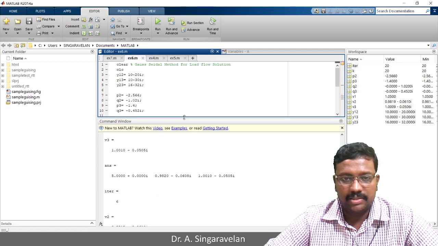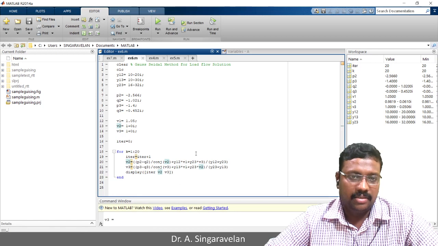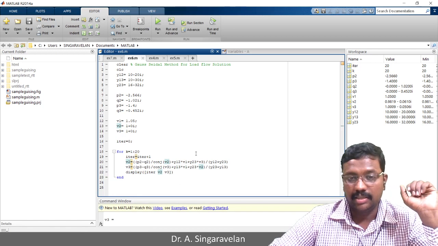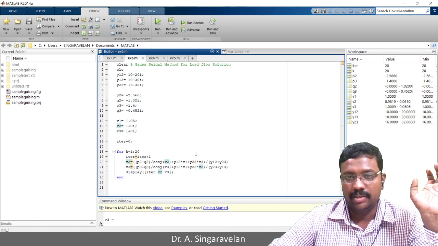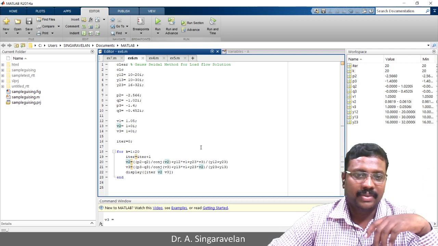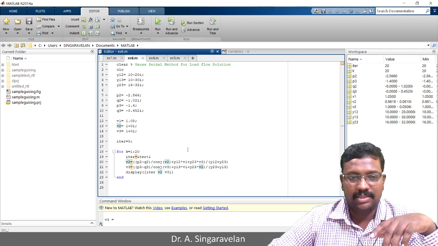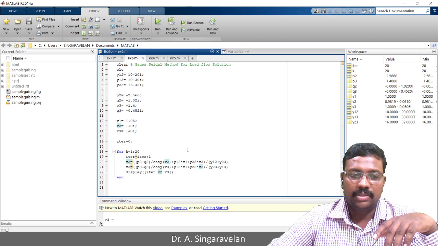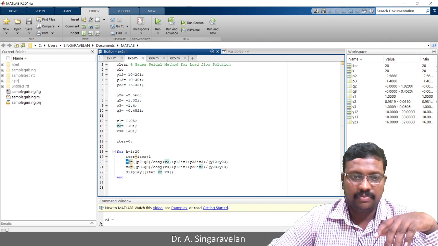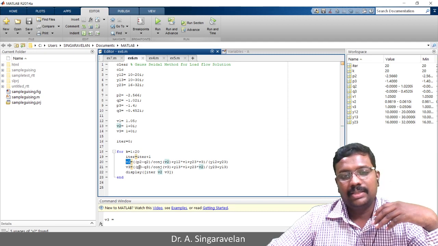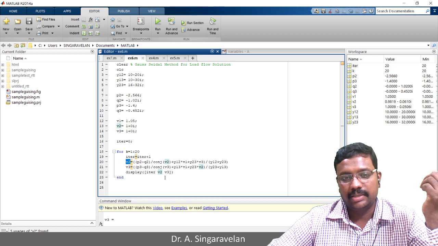This is how we can solve the Gauss Seidel problem. We can use Gauss Seidel to solve load flow problems. Here they asked us to find the voltage at bus 2 and bus 3. Just by giving the formula we get the solution.